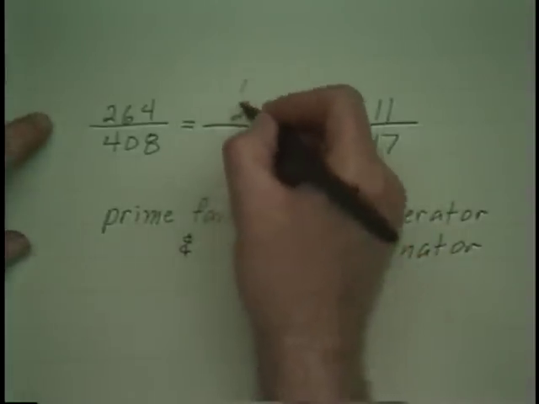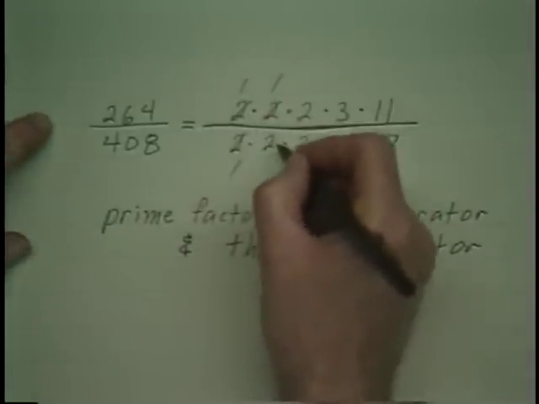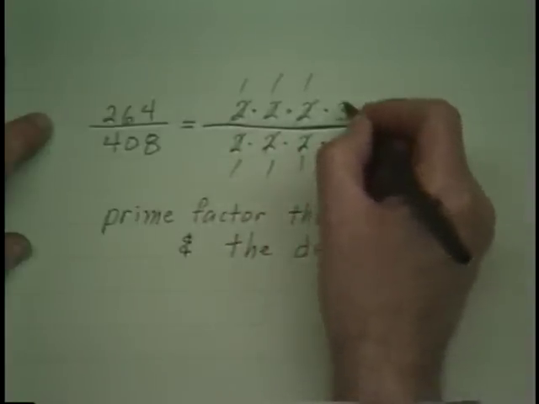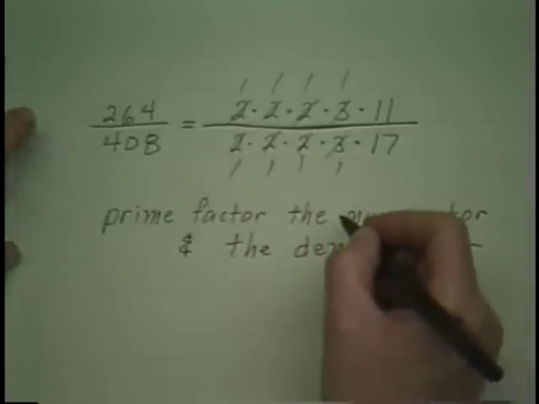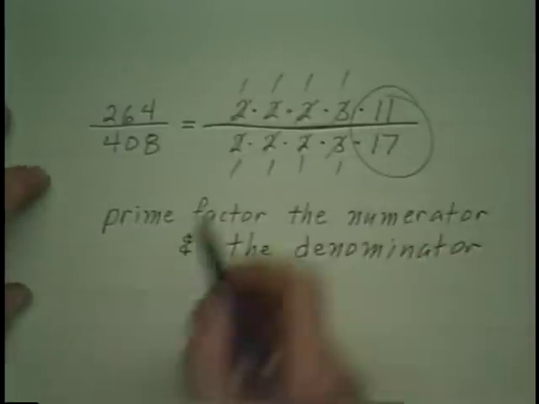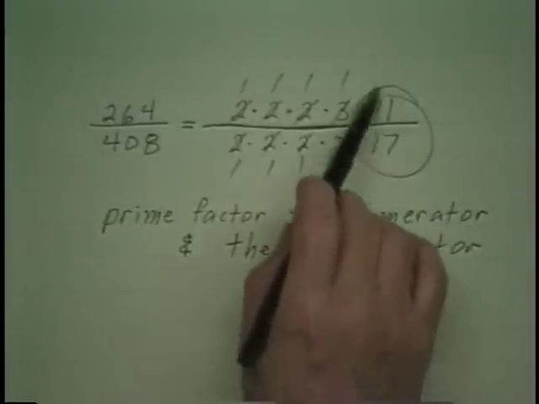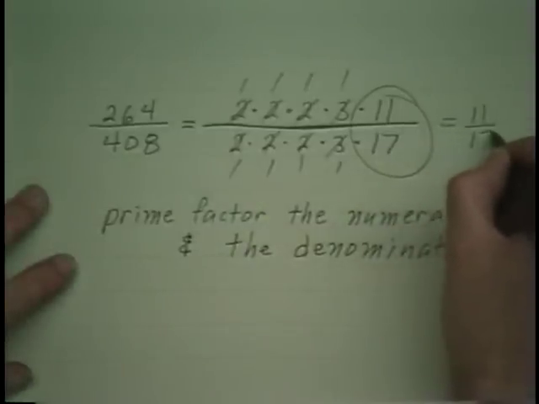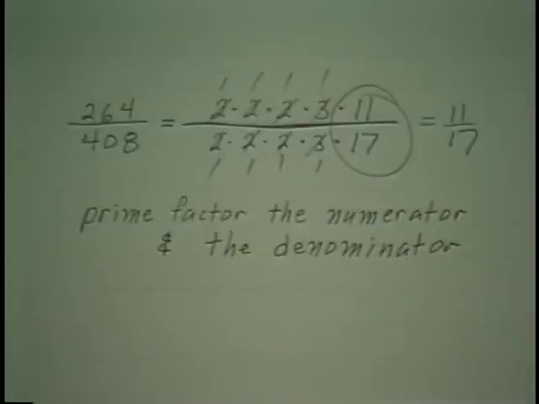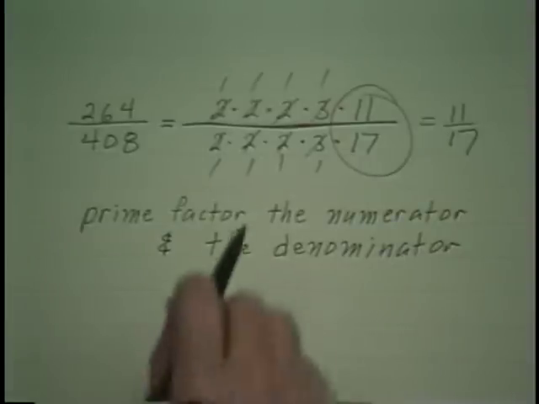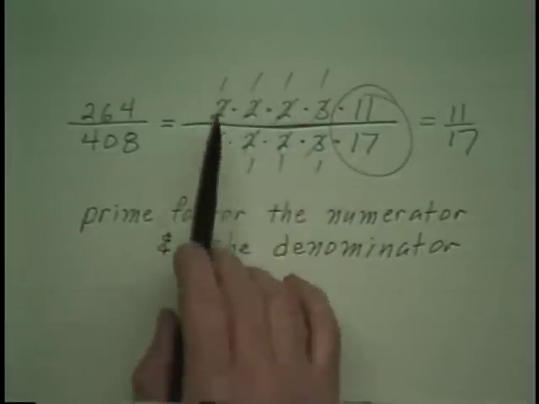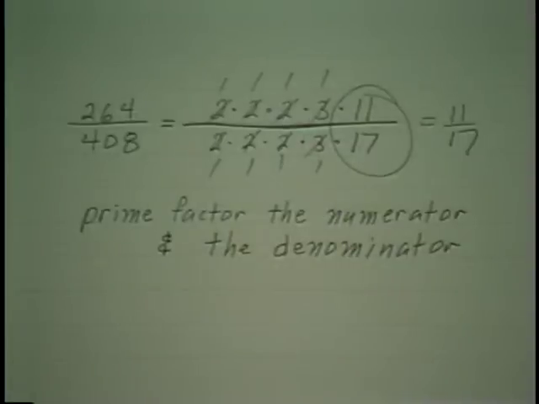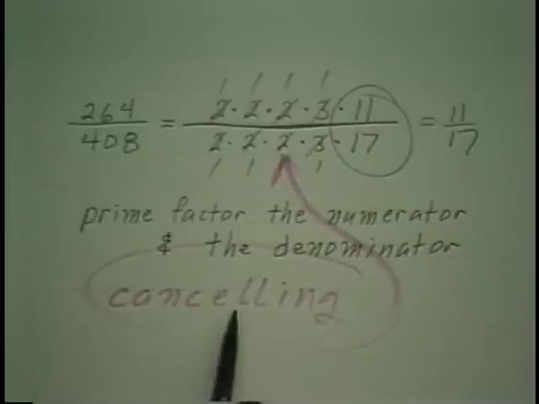So I can divide this one by 2 and this one by 2, this one and this one, this one and this one, and this one by 3 and this one by 3, until finally all I have left is that times these 1s, which of course gives me just 11/17, and it's reduced. This process of dividing into factors, top and bottom, in math is referred to as canceling.